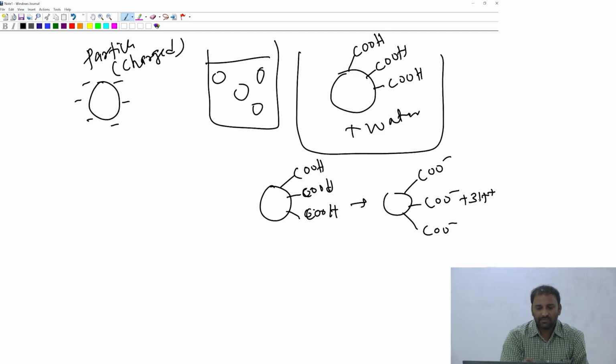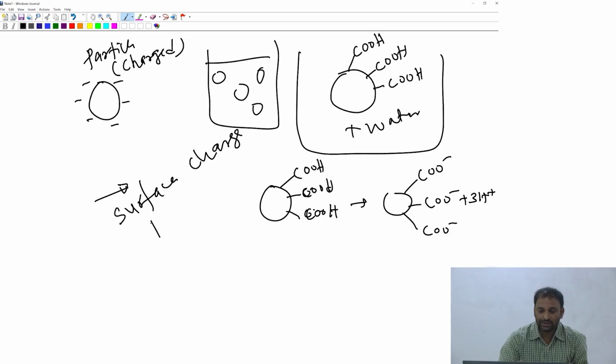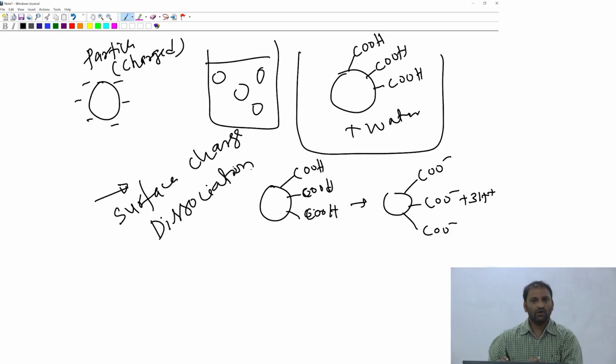This mechanism of charging a particle is called surface charge dissociation. You can buy particles like this. If you want a particle with any functional groups, you can get them in the market. If I say I want a particle with COOH groups on the surface, you can buy it.